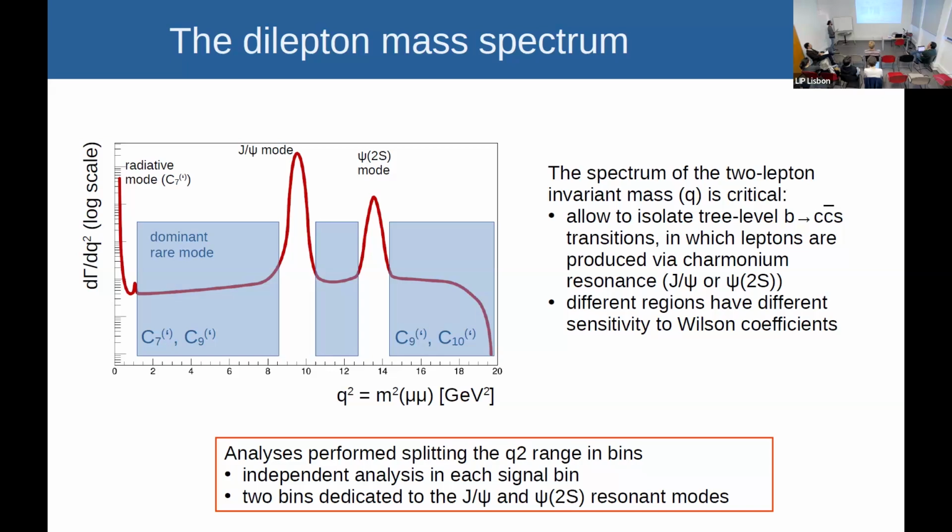So effectively what we do in our analysis is split the q squared range in bins and perform independent analyses in these bins of the spectrum. Two of these bins are dedicated to the J/psi and psi(2S) resonant modes, which are usually employed as control channels for the analysis because of the large statistics. So they are very good control channels.